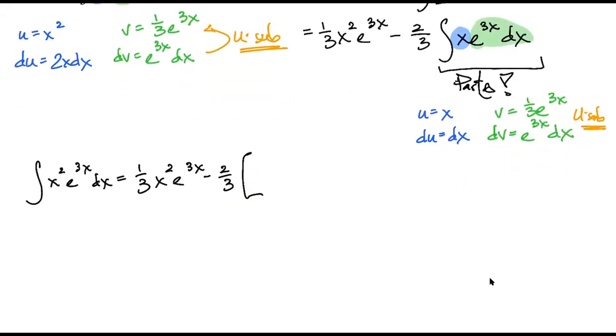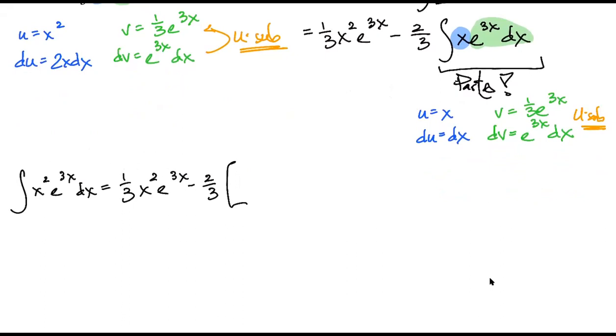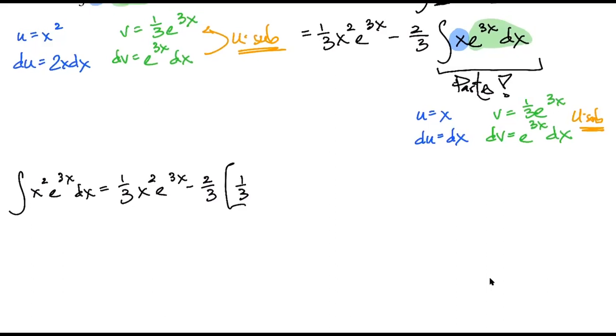Move this down a little bit. Okay. So we're going to use our integration by parts formula. So u times v is going to give me 1/3 x e to the 3x minus the integral of 1/3 e to the 3x dx.